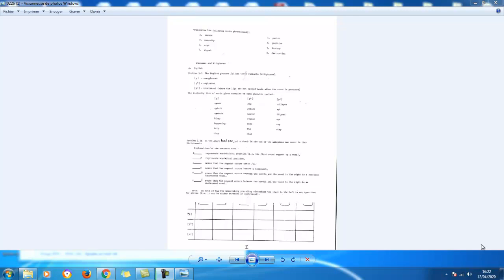It becomes serenity. So one of the jobs of phonologists is to try to explain in terms of rules this relationship between the surface form and the underlying form.